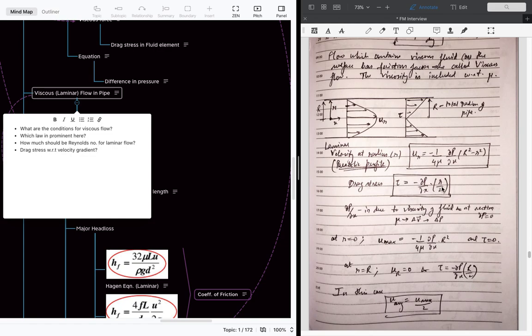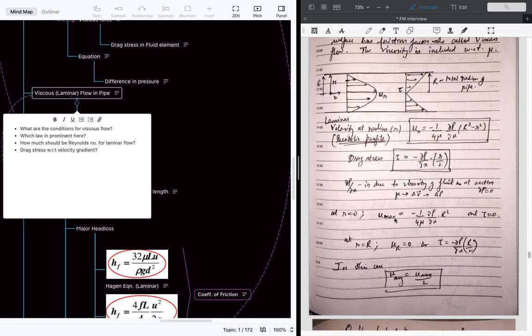Shear stress is expressed from this formula, and the curly P by curly X is the change in pressure across the section due to the viscosity of the fluid. Okay, so due to viscosity there is change in velocity, and due to change in velocity there is change in pressure.